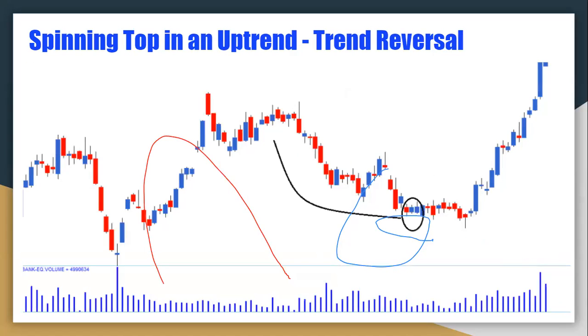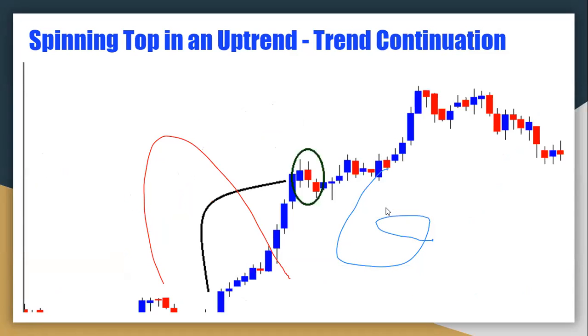Now let us look at some more examples. Here again, there is an uptrend, and this uptrend is followed by certain spinning tops. After the spinning tops were spotted, the market was consolidating for a certain period of time, from here to here, the entire time.